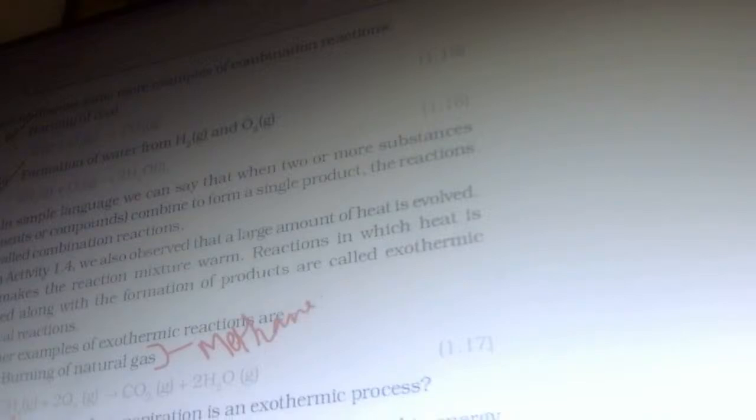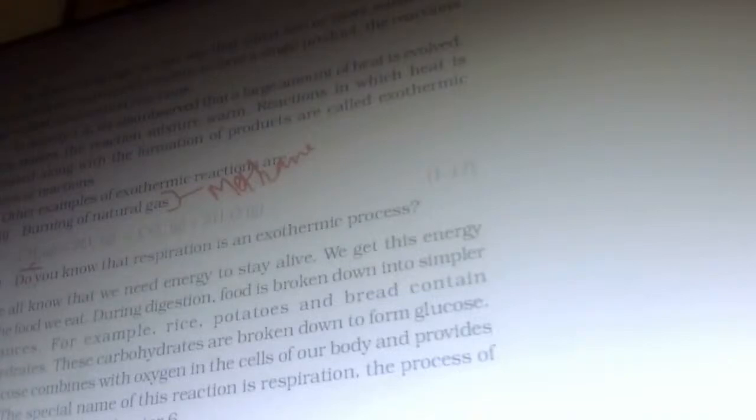Natural gas is methane. O2 plus CO2 plus H2O, light plus heat is given in the carbon compounds chapter. Respiration is an exothermic process.